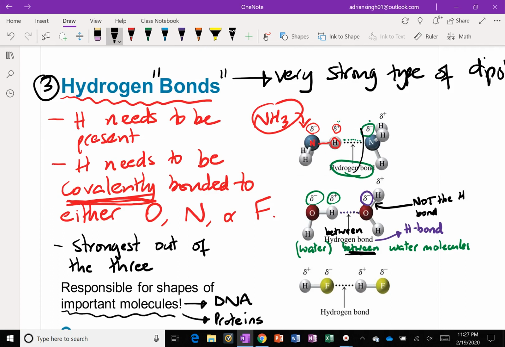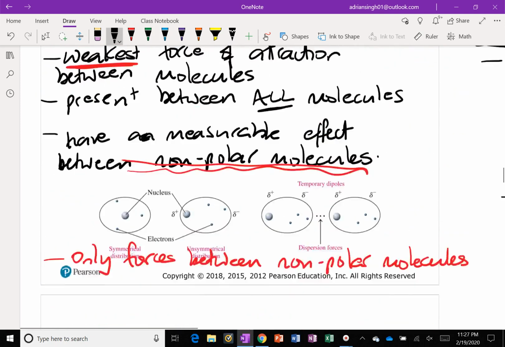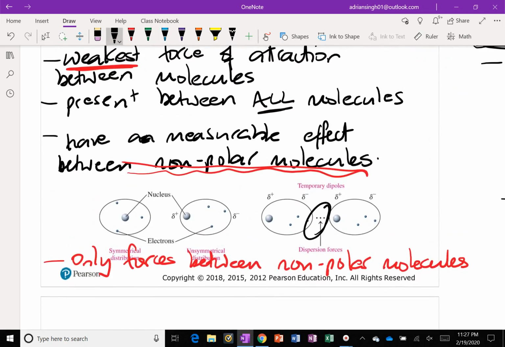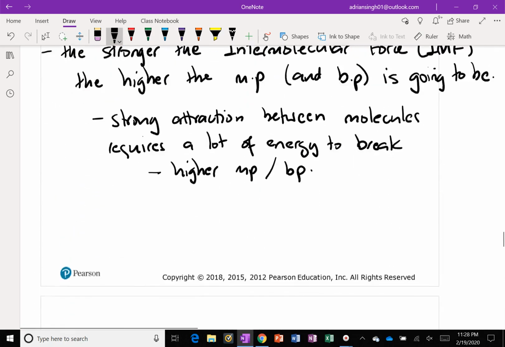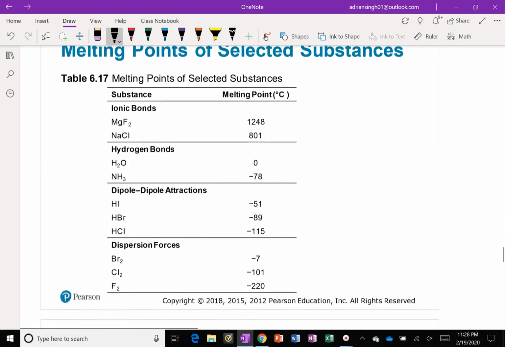So to break this hydrogen bond here would require a lot of energy compared to trying to break the force of attraction between two non-polar molecules, right? So if you take a look, we actually have some numbers to back that up. So substances that are only held together by dispersion forces, which are weak forces of attraction, have really low melting points, right? It doesn't take a lot of energy to separate them.